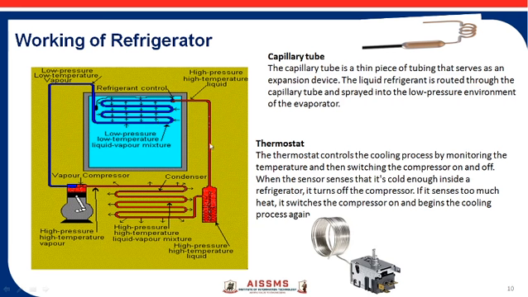What happens when the high pressure, high temperature liquid refrigerant comes in contact with the evaporator coil? It converts into a low pressure liquid-vapor mixture and absorbs the heat from what we are keeping inside the evaporated space.